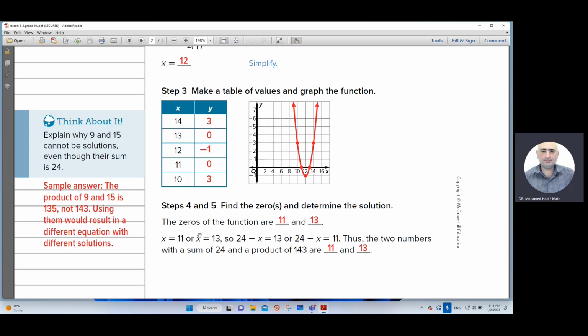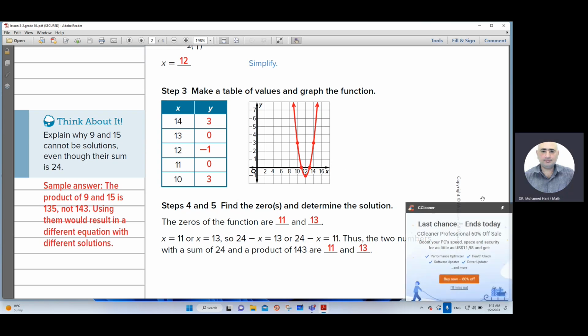So the zeros, what is the meaning? The zeros or the roots mean the solution of the equation. The zeros of the function are 11 and 13.